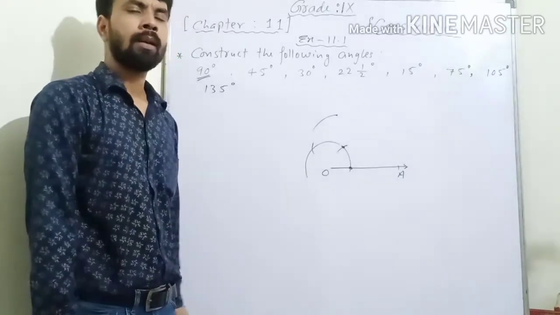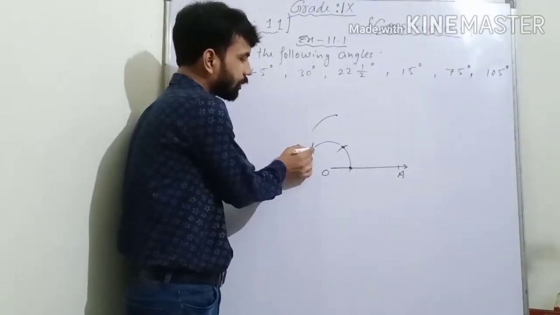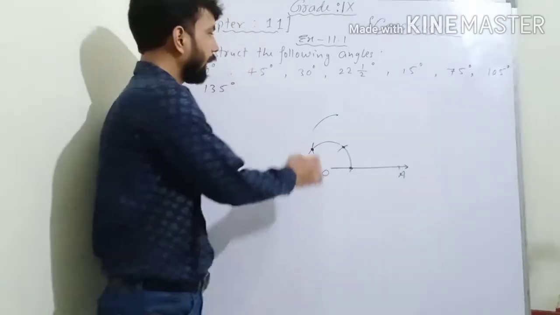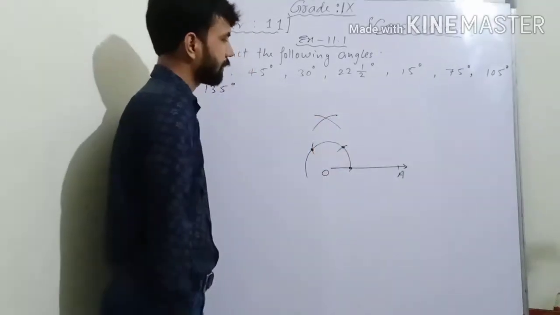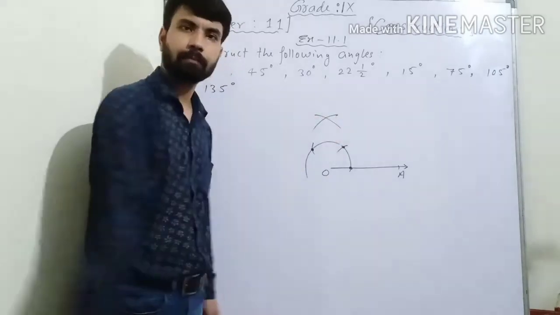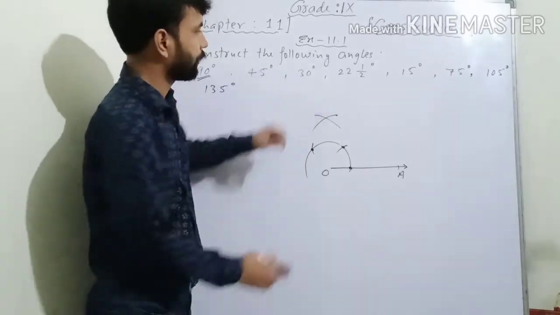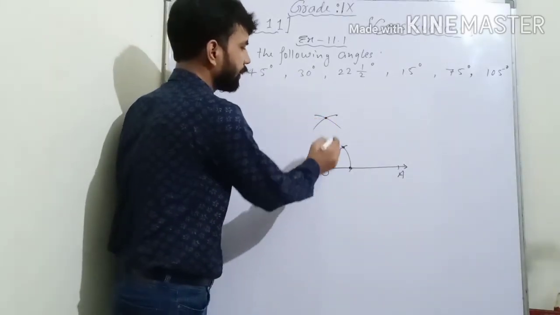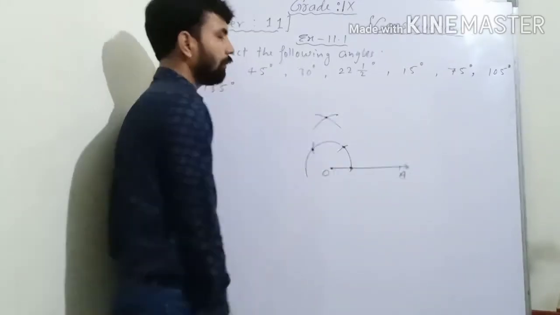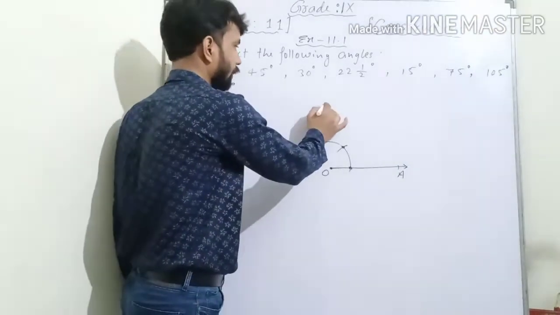Got it? Again, we have to put our compass at this intersection point and construct an arc like this. We will have to put compass here and construct an arc like this. Clear? Now this intersection point and this point, we will have to join with the help of scale.